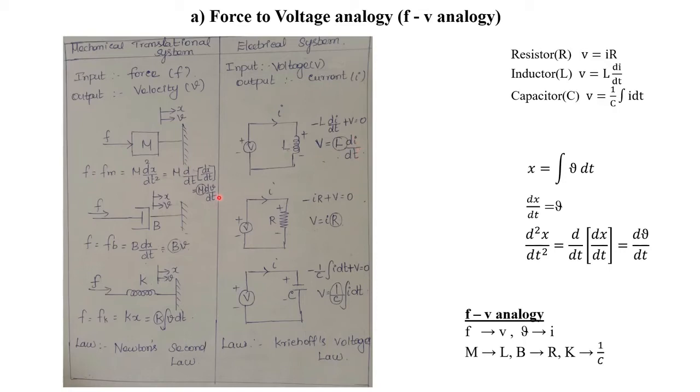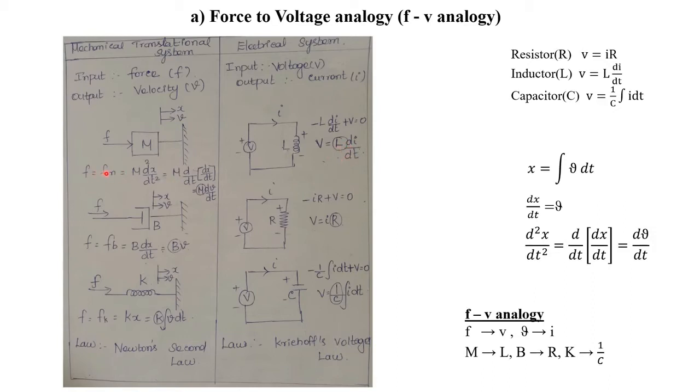Now we have to compare this equation in the mechanical translational system with this equation in the electrical system. In the mechanical translational system, we have the system equation F equal to M into dV by dt. In the electrical system, the system equation is V is equal to L into di by dt.